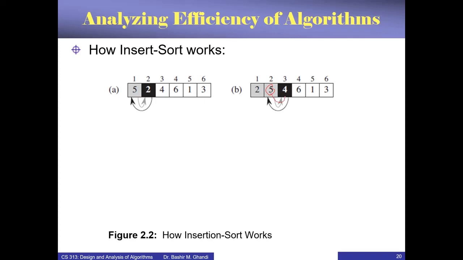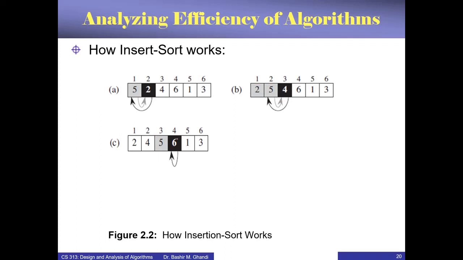So move it to the right, and then decrement your i to 2. Again you ask, is 2 greater than 4? Definitely not. So this is the right place to do the insertion, and therefore we're going to insert the 4 here. So this is the result. As you can see in the C part, we now have 2, 4, 5.